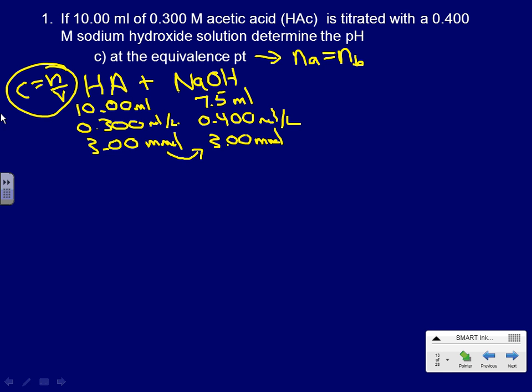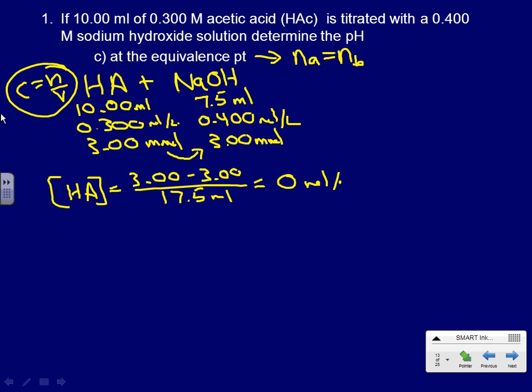Now I'm ready again to check what's in the water. So this is what we do at this point. We always check for what's in the water. The amount of HA: notice, if we're at the equivalence point, 3.00 minus 3.00, it doesn't matter what it's over, 17.5 milliliters. There's 0 moles per liter of HA. It's all been used up.